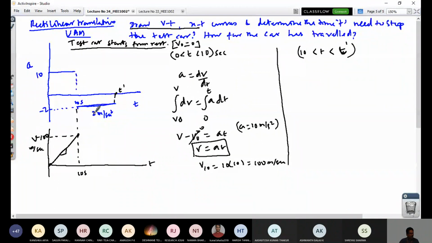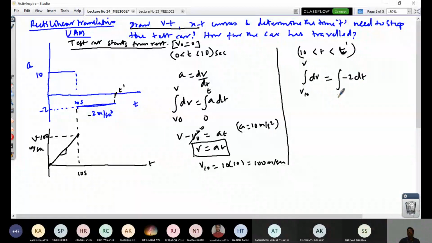So what should I do now? I should take in that interval, again in a similar way, dv from, it's not v0, it is v10, v10 to v, that's going to be integral a dt. So a here is minus 2. So minus 2 dt.